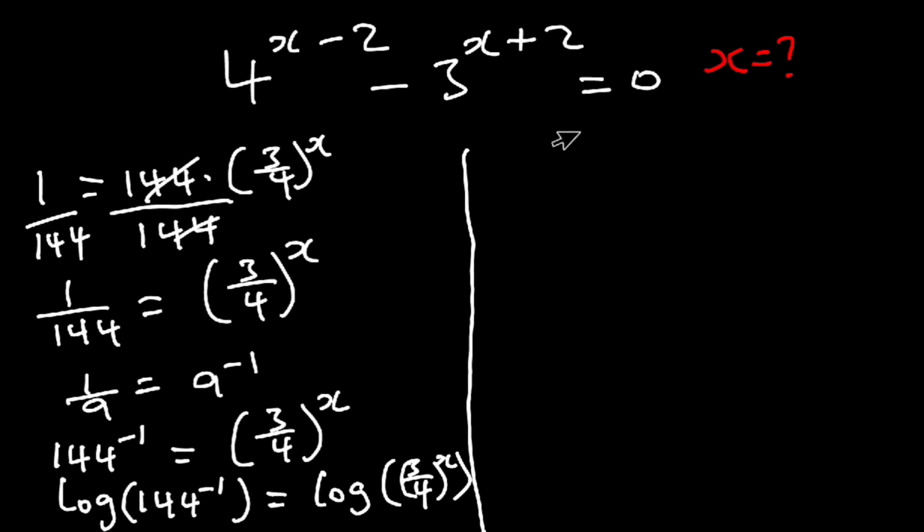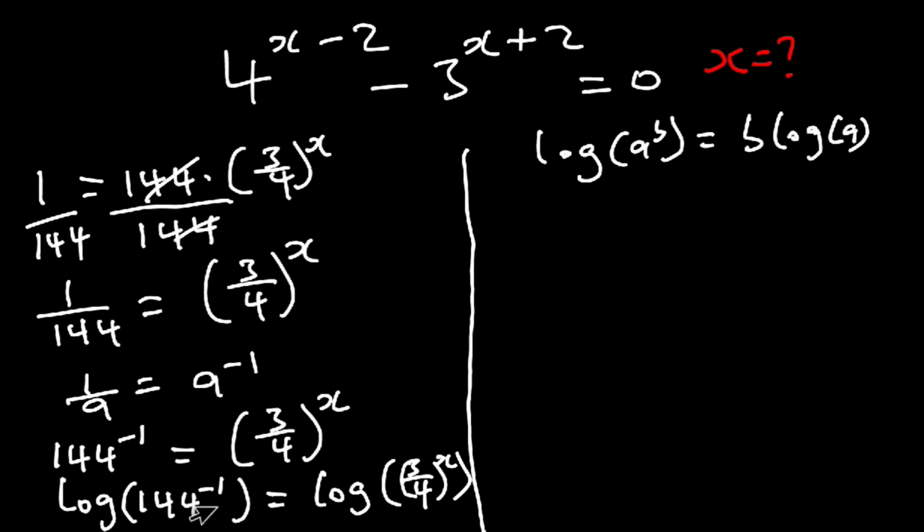Now if you have log a raised to the power b, this can be expressed as b multiplied by log a. So let's apply this to the left hand side of this equation. We are going to bring out this negative 1 and make it a coefficient of this logarithm. So we are going to have minus 1 log 144 equals, and we do the same to the right hand side.